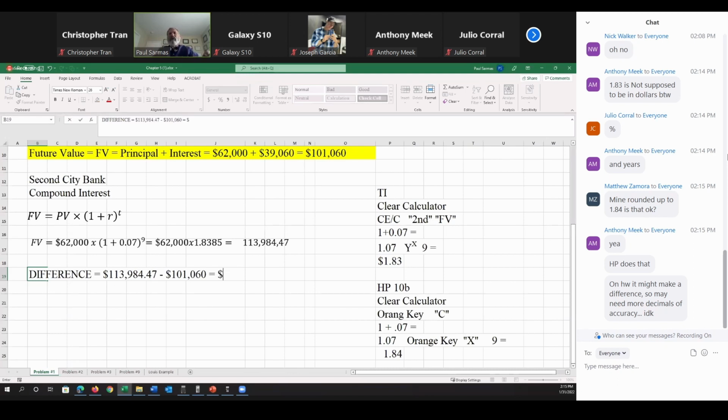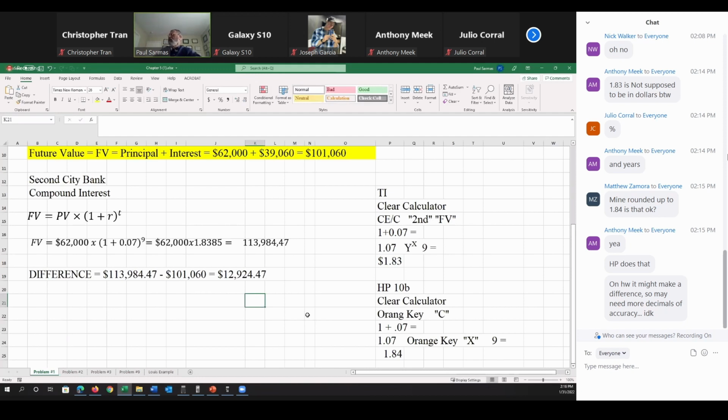So how much more the second city bank pays is you take that, subtract 101,060. You will get 12,924 and 47 cents. That's the answer to the problem.